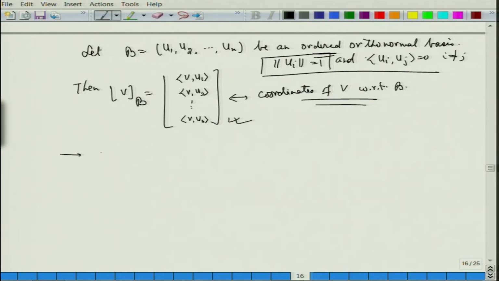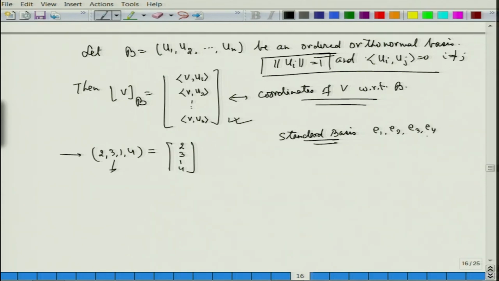So let me just write it. If I am writing the vector, say 2, 3, 1, 4, it is with respect to the standard basis. What is the standard basis? E1, E2, E3 and E4, they are the standard basis.